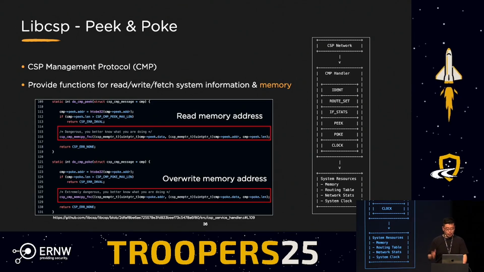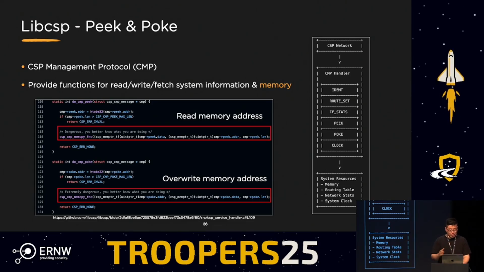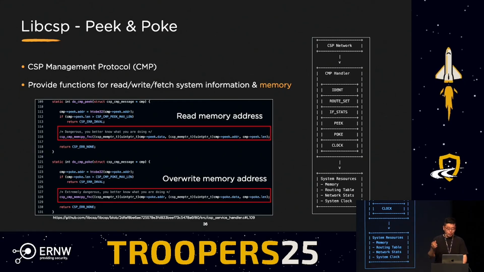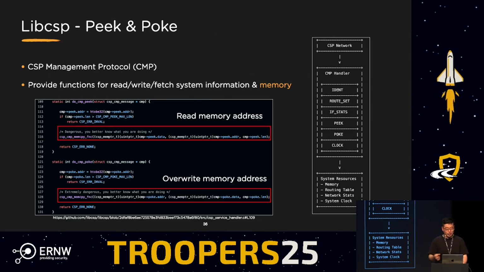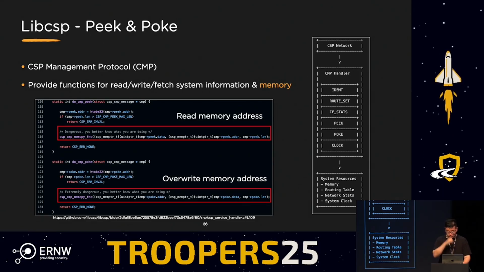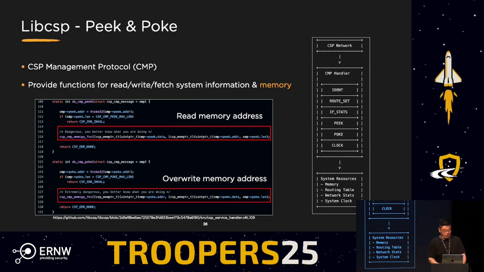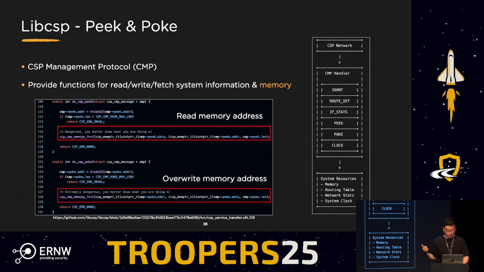Peek is for reading the memory address on the satellite, and poke overwrites the memory address on the satellite. The source code also comments that they are super dangerous functions. You have to know what you are doing while using them.